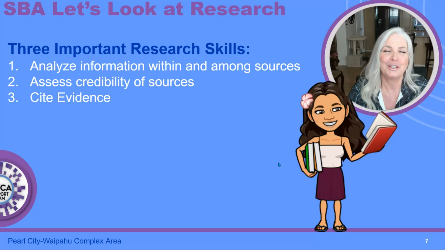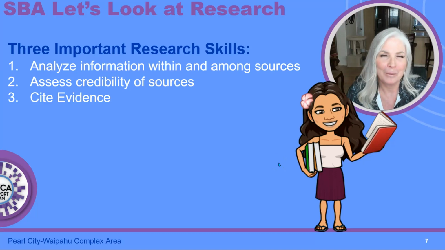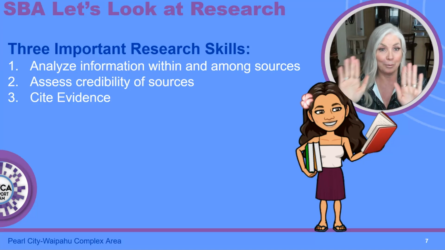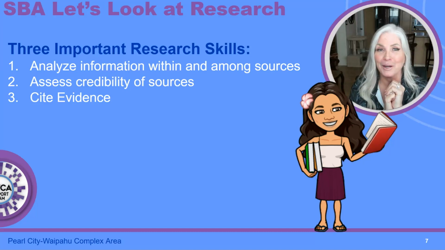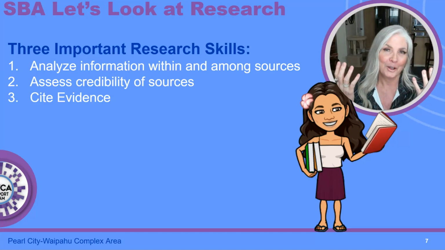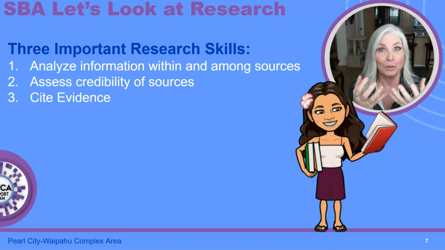So again, the skills that you are becoming so skillful and such an expert at are for you to analyze information within and among sources, right? How do both sources, what were their perspectives on whatever the topic happens to be? Assess credibility of the sources, so you know that you want to find credible authors.